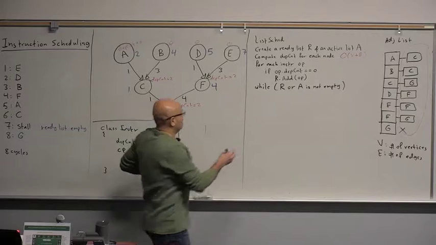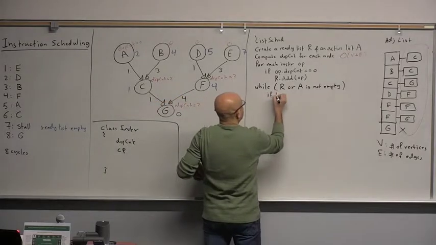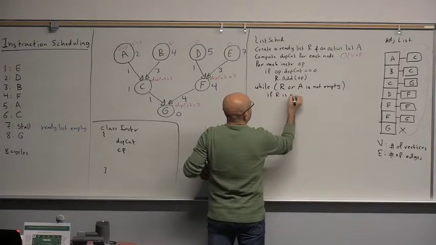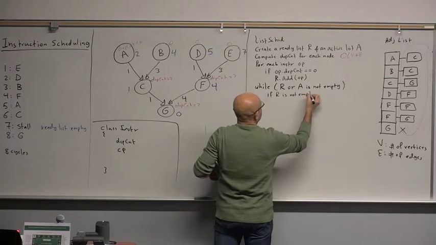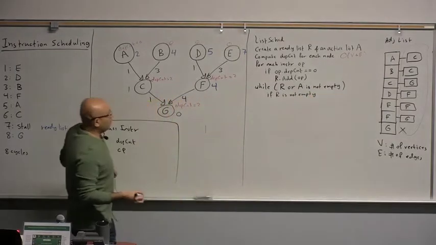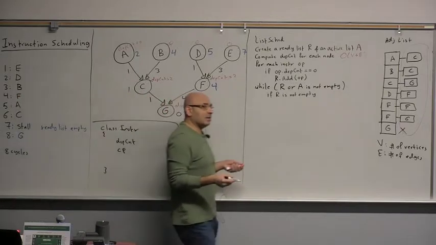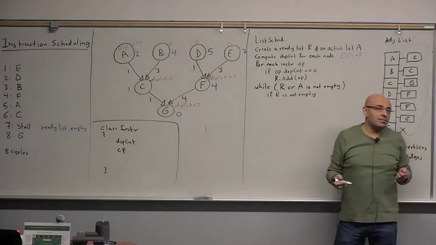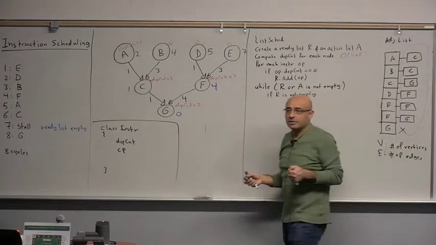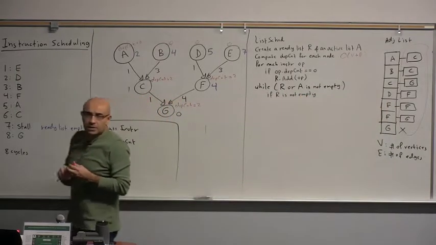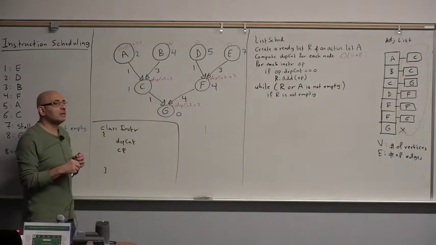Okay. Now, we look at the ready list, right? So if R is not empty, we pick an instruction from the ready list. Now, what do you think would be the natural implementation of a ready list here? Priority queue.